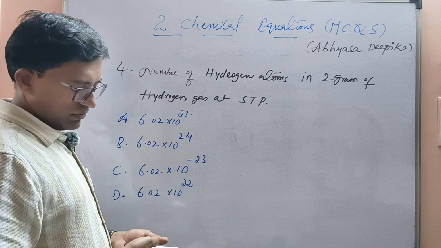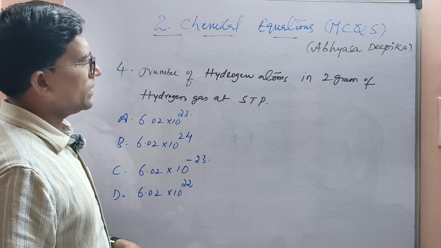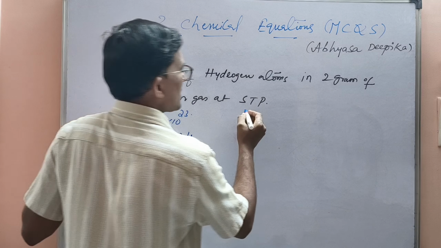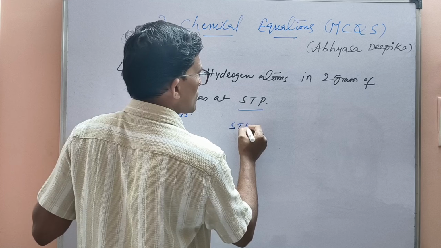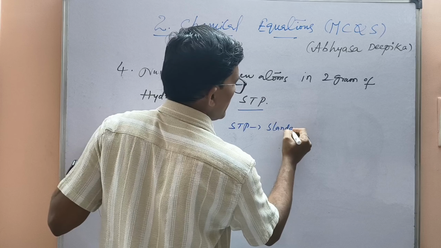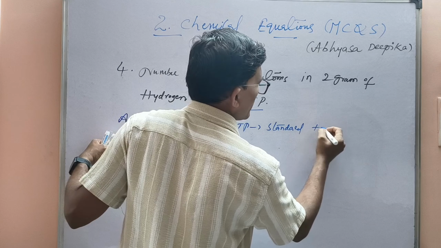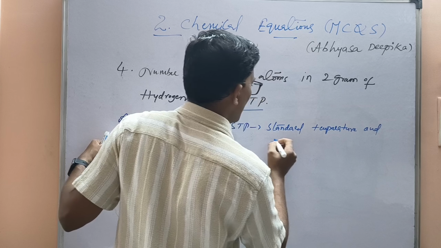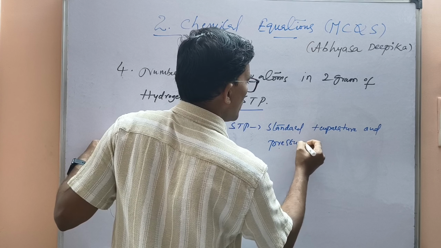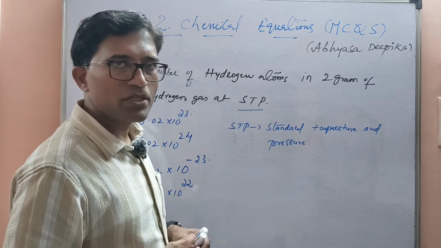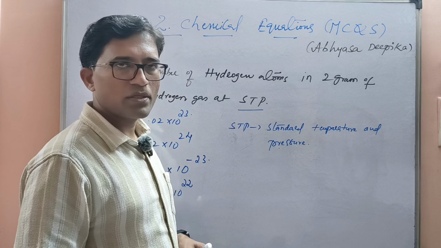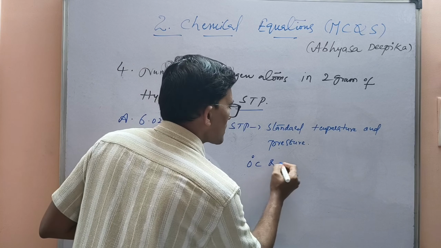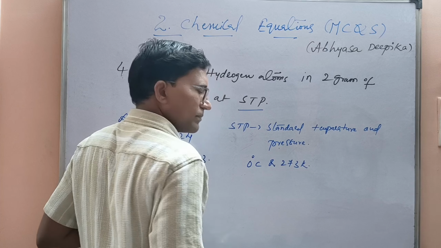Okay, now how to solve this, sir? Before the explanation of this particular problem, a simple, very easy problem, what is STP? STP means standard temperature and pressure. Standard temperature is 0 degrees Celsius or 273 Kelvin.